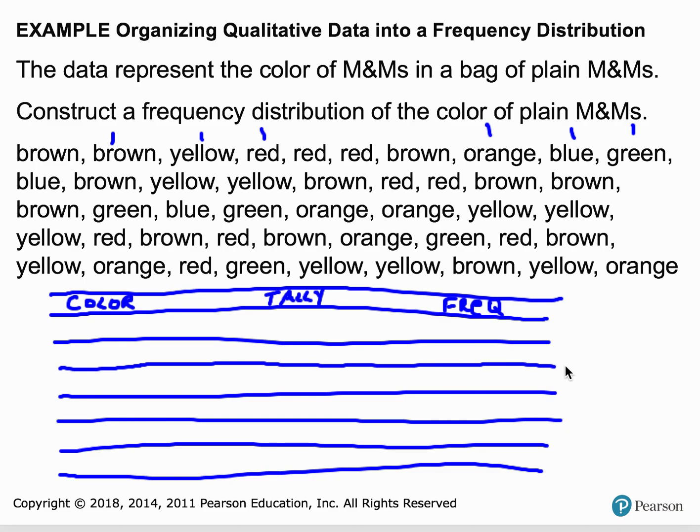Our first column will be whatever the characteristics of our data are, what we just discovered up there. In this case it's just our different colors: brown, yellow, red, orange, blue, green.